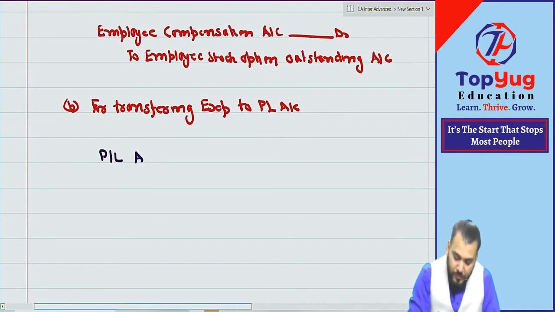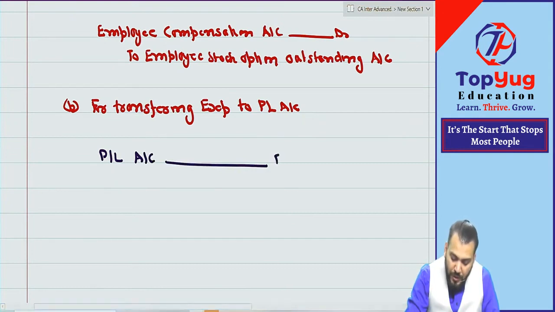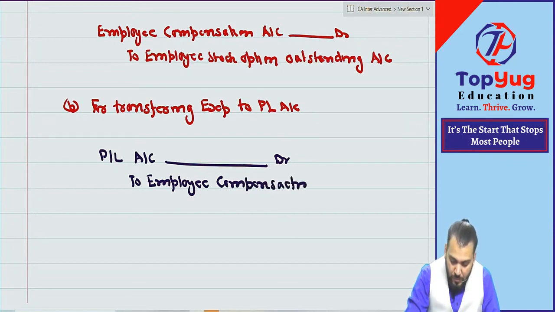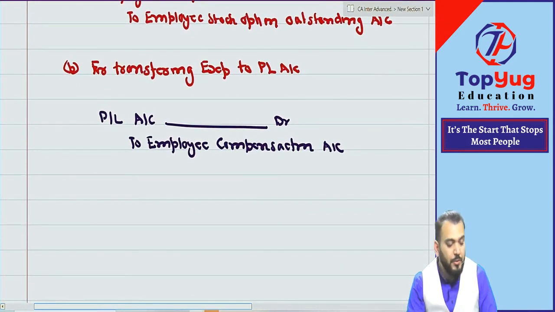Profit and loss account debit, to employee compensation account. Got it? Simple.